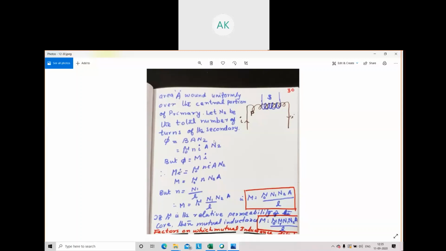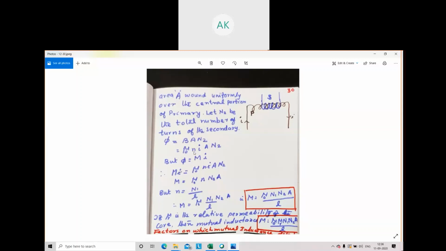So it is BA, and we are finding the flux linked with the secondary. Current is sent in the primary coil, and we are calculating the flux linked with the neighboring coil, the secondary coil, so its number of turns we have to write here: BA into N2.